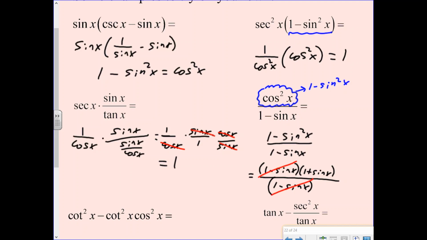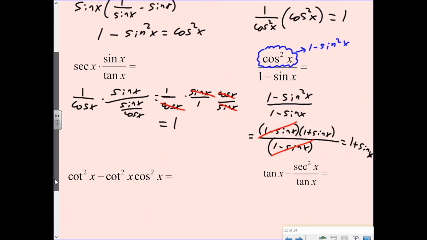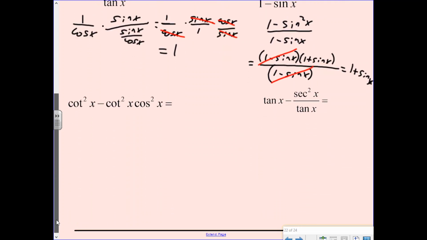So this becomes 1 plus sine x. And that is the simplified version of cosine squared over 1 minus sine x. There is another way to do that by multiplying by the fancy one, but I think that's a couple extra steps and a little bit harder to get to. But it would certainly work. You would still get 1 plus sine x as a result.